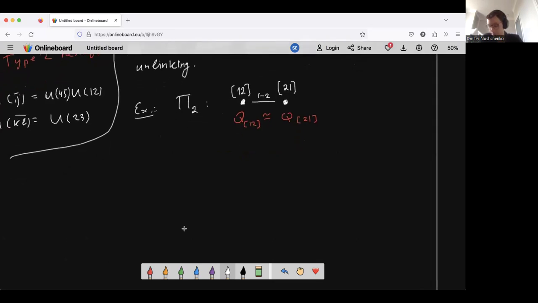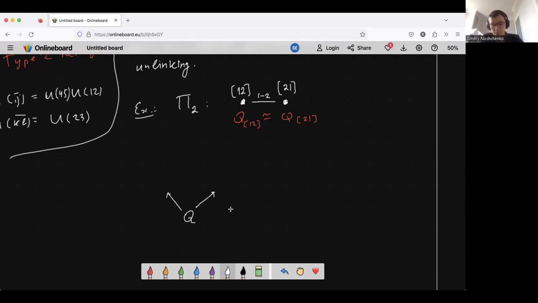We can start very simply. So this is basically what we had before, the hexagon relation. So let's start. Maybe I can write some generic quiver Q here, and we can apply unlinking twice.